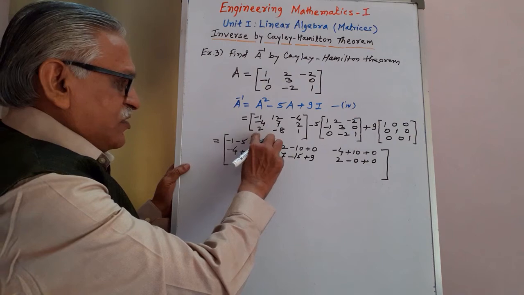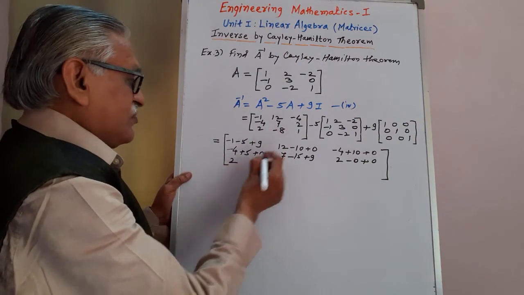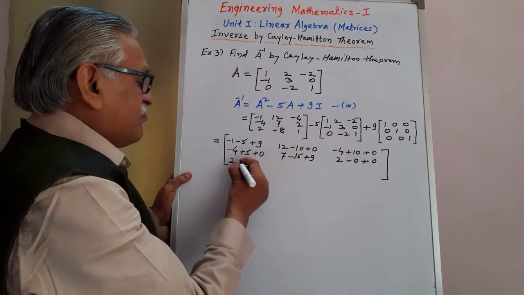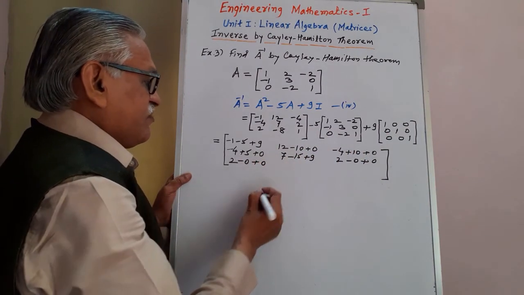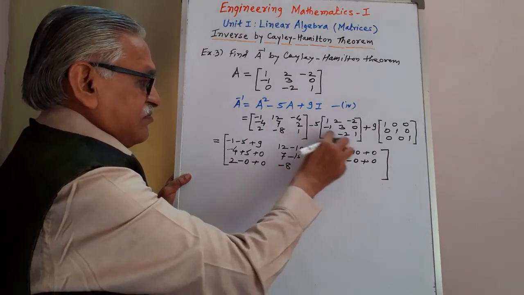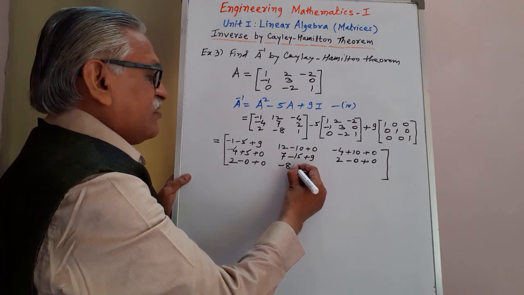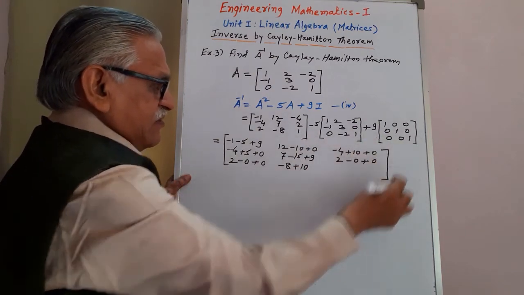Then elements of third row, first element 2 minus 0 plus 0, then minus 8 plus 10 and plus 9.